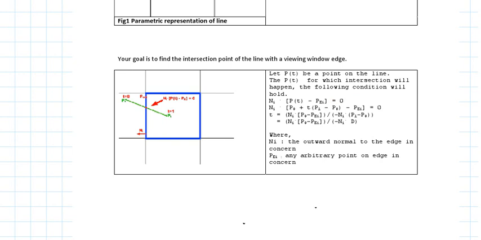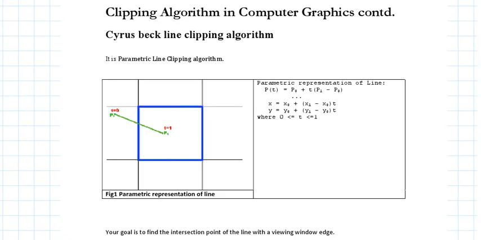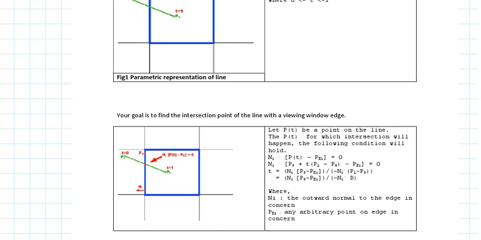Now try to simplify this equation. Ni dot PT. What is the value of PT? As per the parametric equation which we have discussed some time ago, it is P0 plus T multiplied with P1 minus P0, minus PEI, and this whole value should be equal to 0.